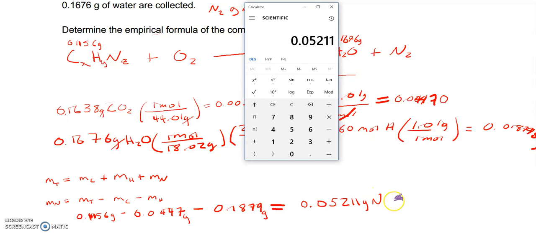We just have to convert this to moles now. This is mass of nitrogen. To convert to moles, it's divided by 14.01. That's the molar mass of nitrogen. Those are going to cancel.